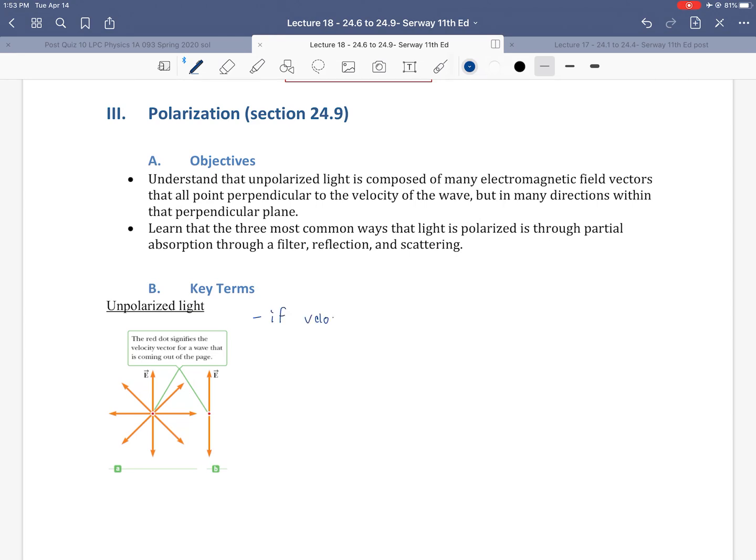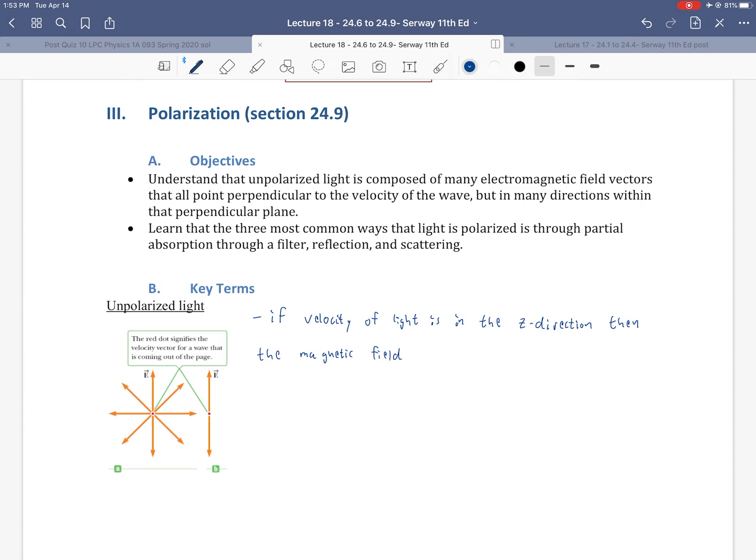So if the velocity of light is in the z direction, then the magnetic field and its associative amplitude, right?